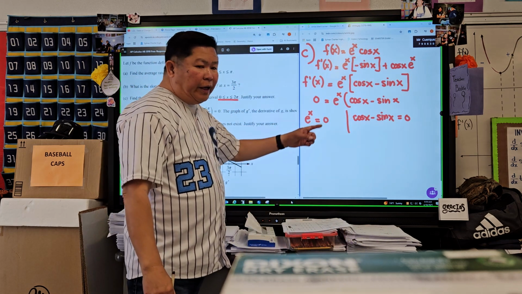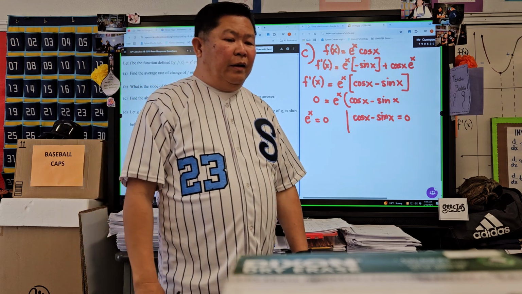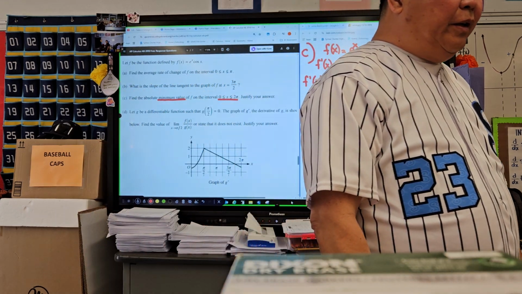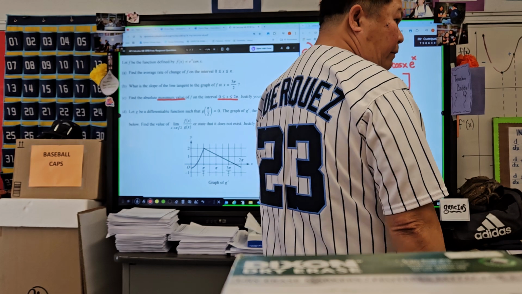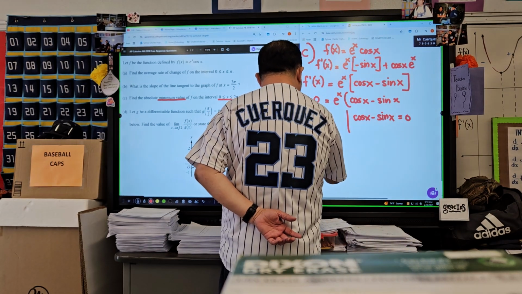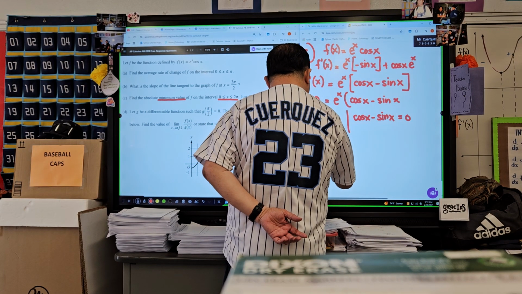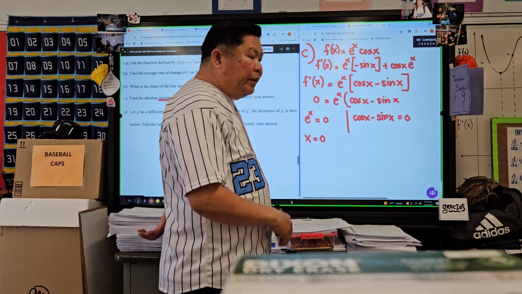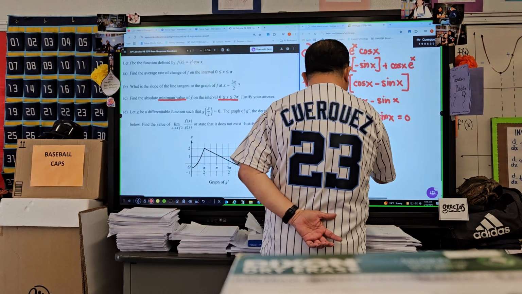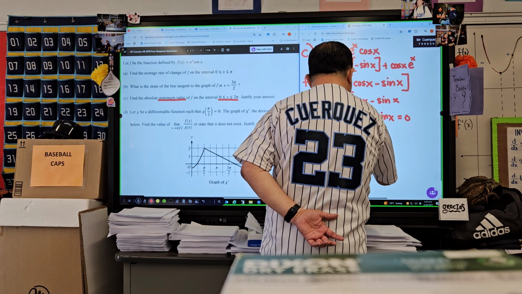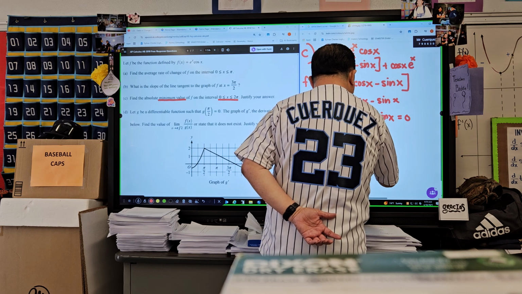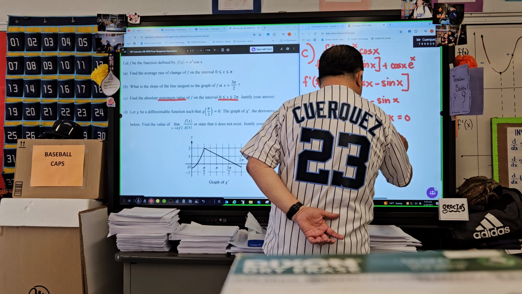So what is this? It's going to be 0, right? So the first value of x is 0. And the other one, since this is equated to 0, we can say cosine x is equal to sine x.